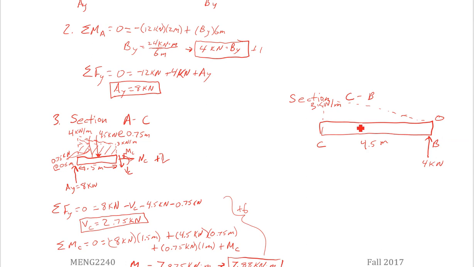so that should get me 6.75 kilonewtons, and that's going to be 1.5 meters from C. So I didn't have to break that distributed load into 2 parts.